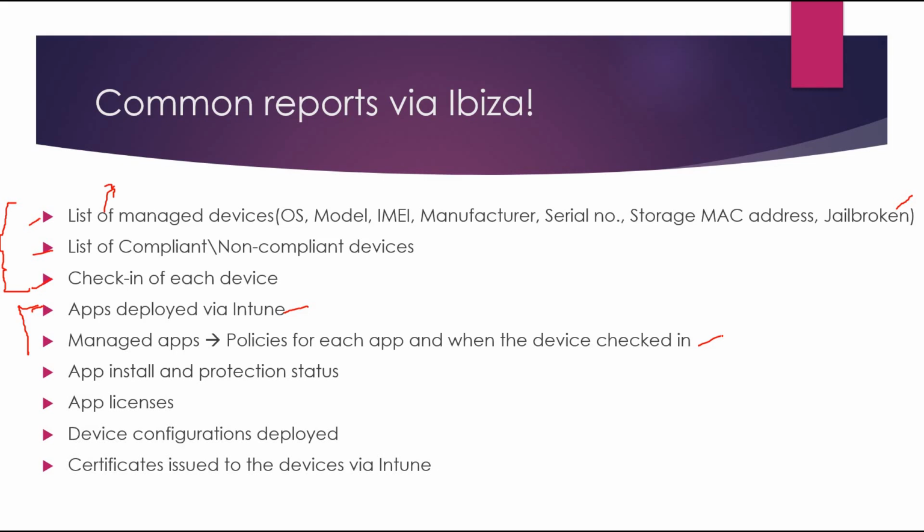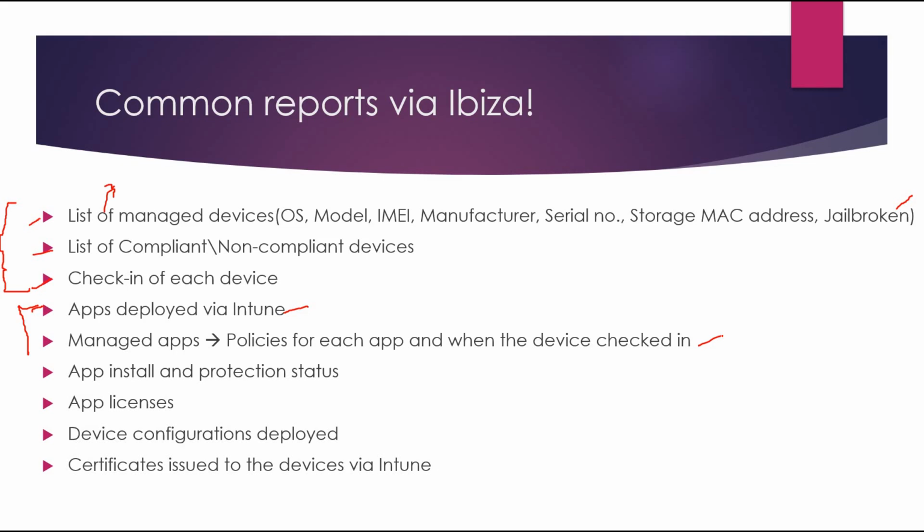Or let's just say it is MAM without enrollment. So I am a user, I have a device, and on my device I've installed the Outlook application. And the admin has targeted a MAM policy to my account. So the admin can see whether the MAM policy actually took effect on my account or not.